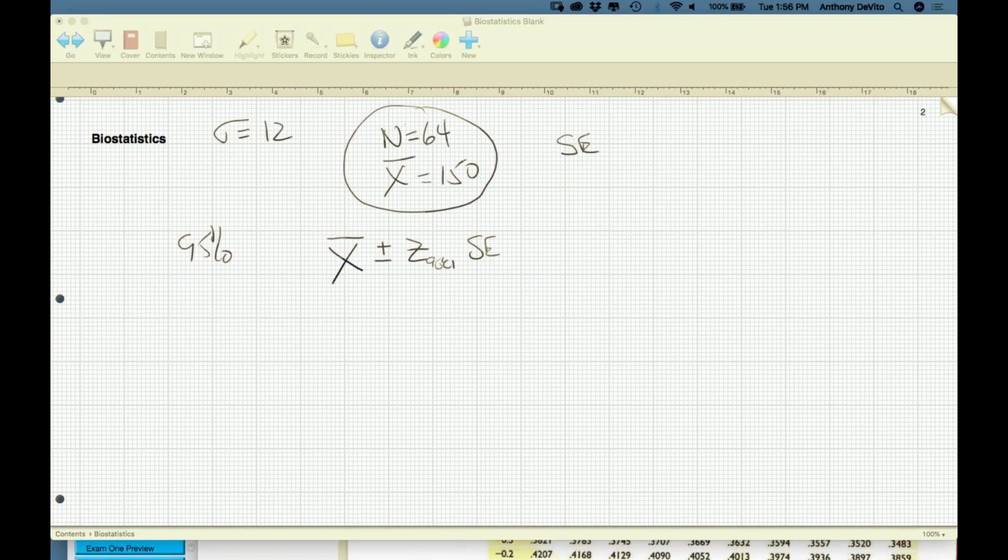If you guys online finish ahead of us here, you can go ahead and type into the chat box what the confidence interval is.